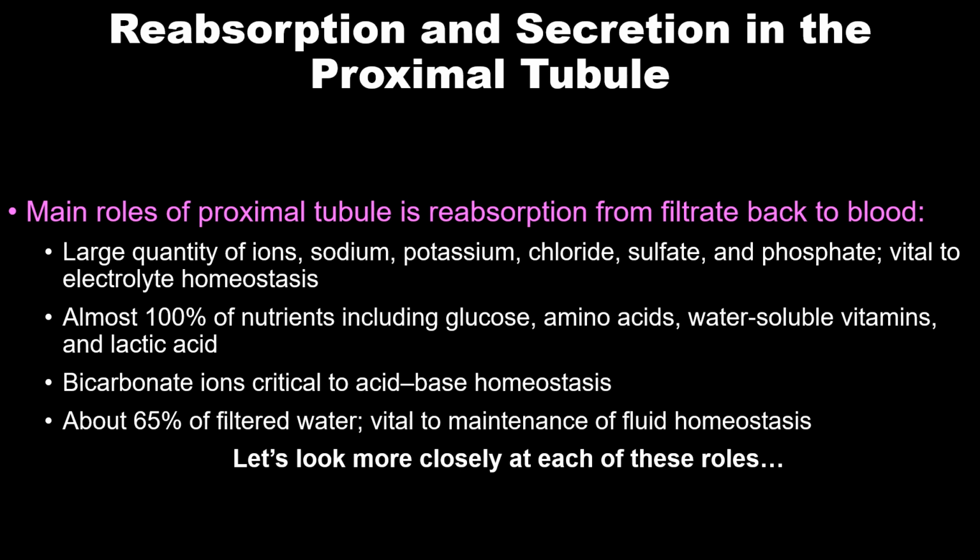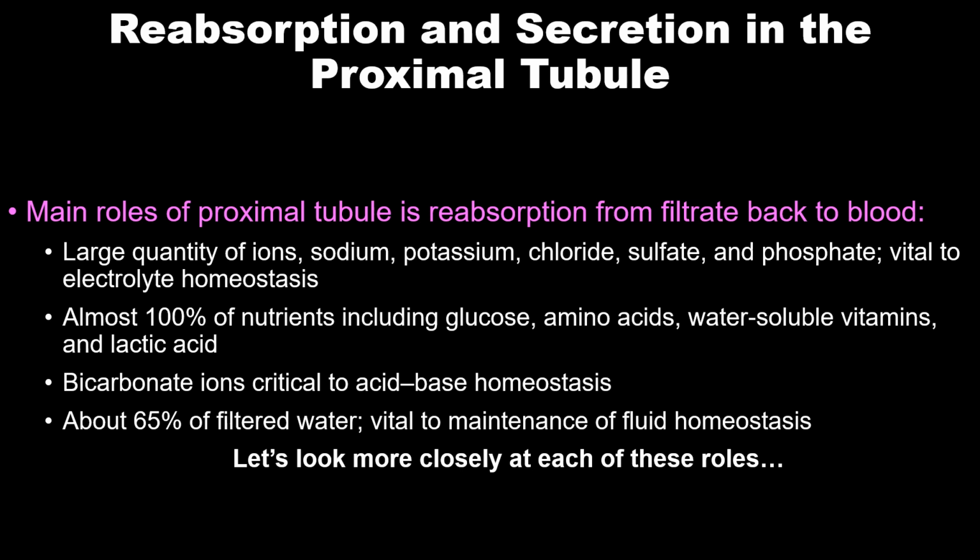In addition to all of this reabsorption, there's a great deal of secretion that takes place here as well. And so we're going to look at the changes that this filtrate undergoes in the proximal tubule. Most activity is going to take place without any outside control. There are some exceptions, like parathyroid hormone decreasing phosphate ion reabsorption.